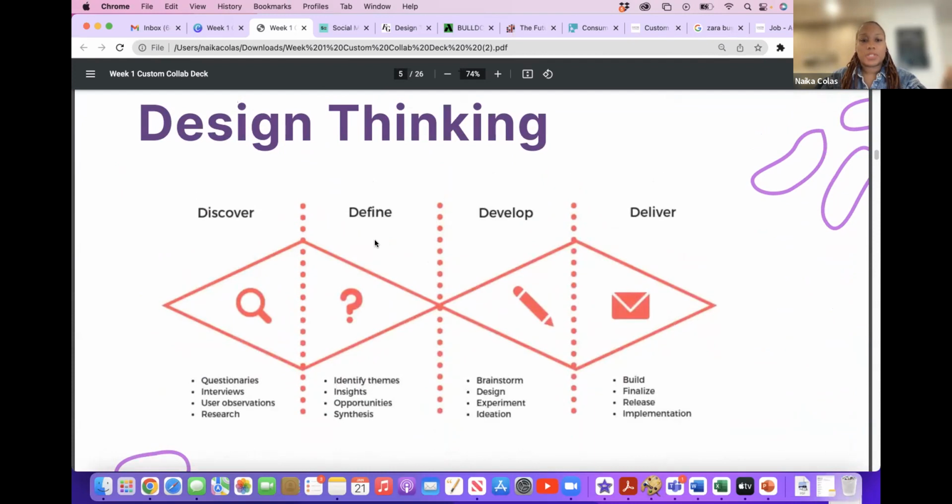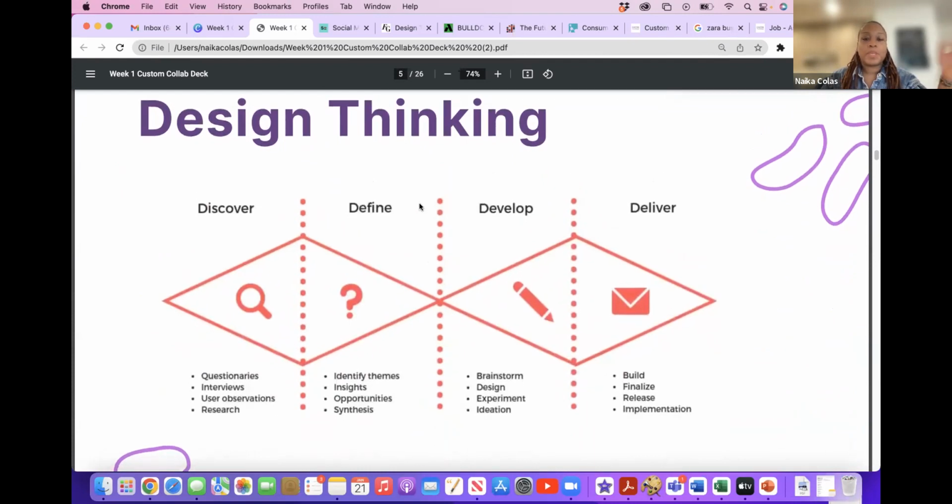And so as a fashion designer, or if you're a UX designer, the discover process would be the first process. So this is before you're getting your materials. You're just asking yourselves questions. For UX designers, questionnaires would be sent to prospective consumers, and those consumers would complete questionnaires regarding a product or service or a need within an industry.